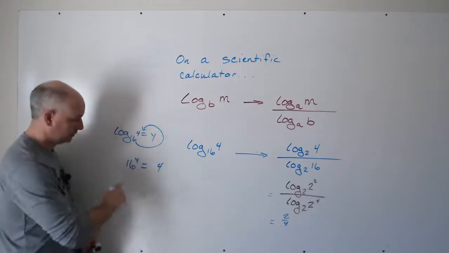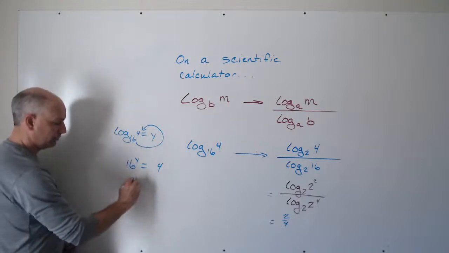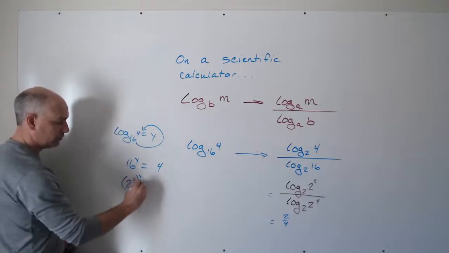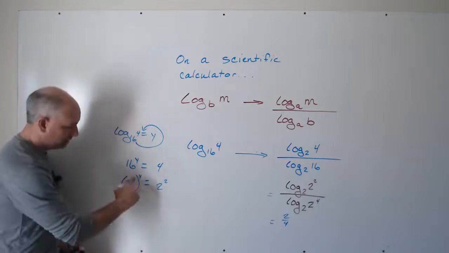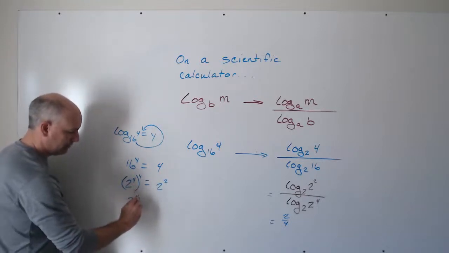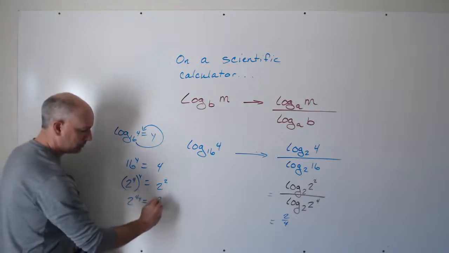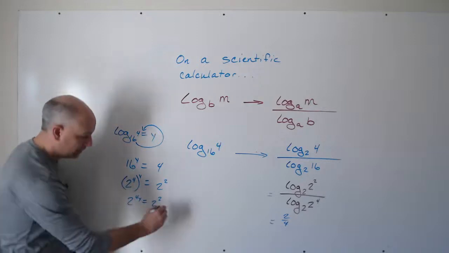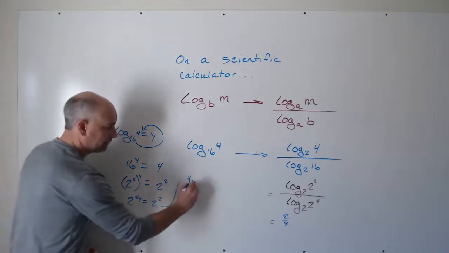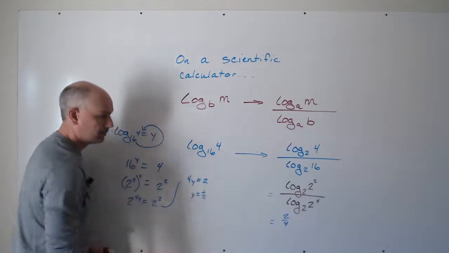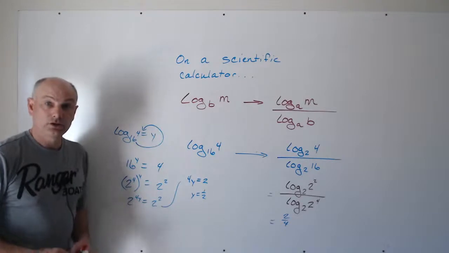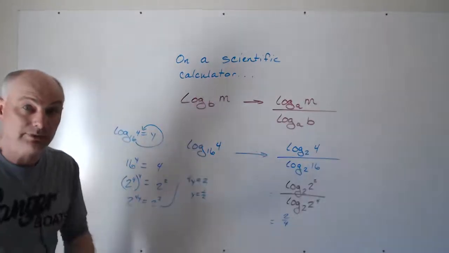And now I could convert here 2 to the 4th power to the y power, 2 to the 2nd power. This would be 2 to the 4y power is equal to 2 squared. Well, notice what you have. You have 4y is equal to 2, y is equal to 1/2. So again, you'll notice multiple ways around this.